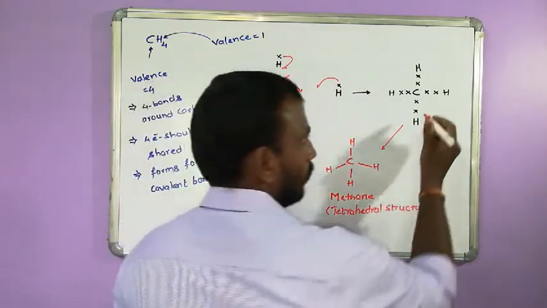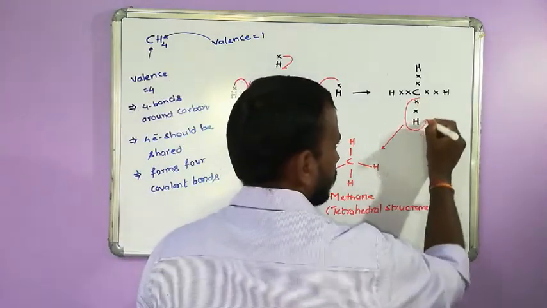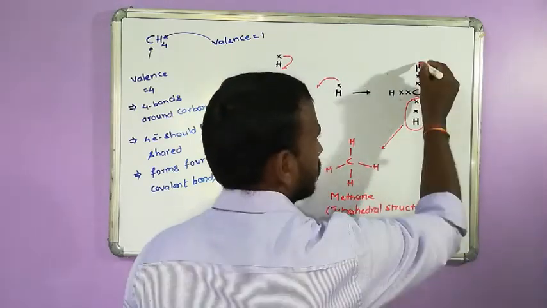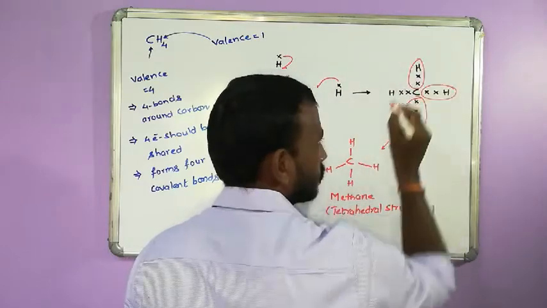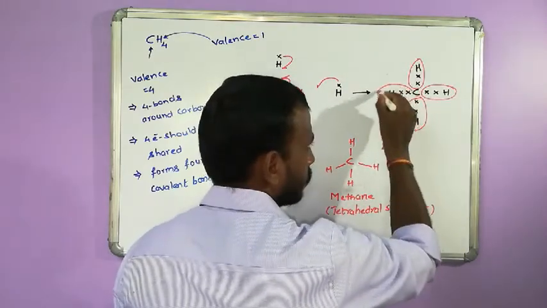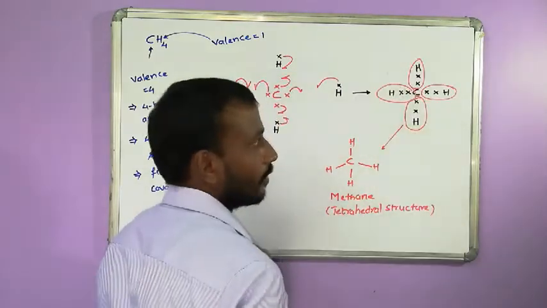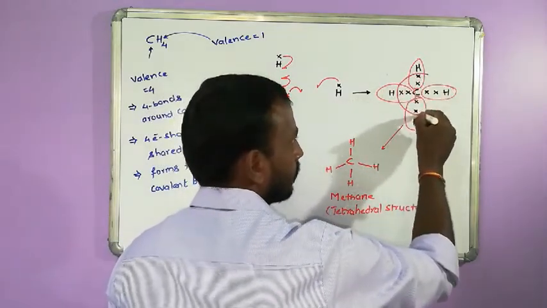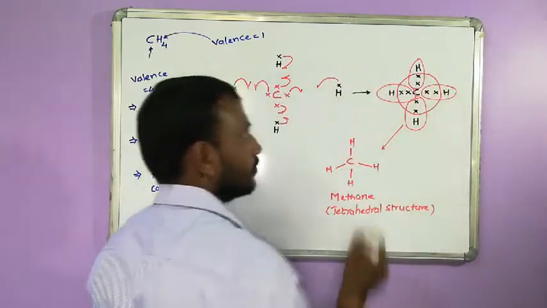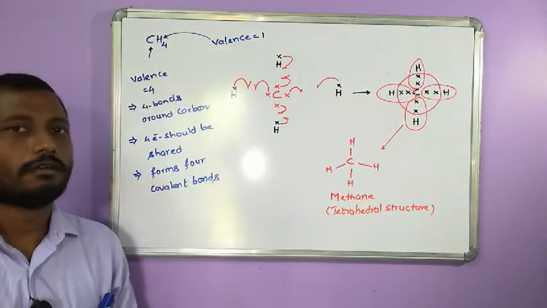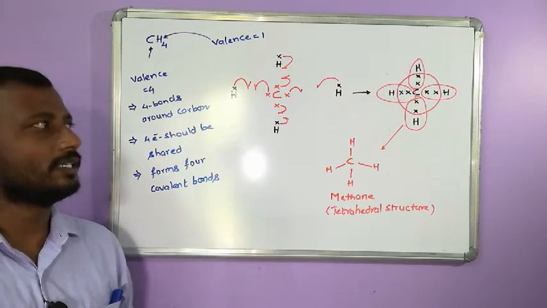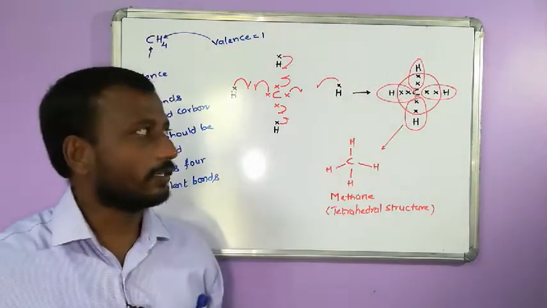Okay. So, these 2 electrons belong to this hydrogen. These 2 electrons belong to this hydrogen. These 2 electrons also belong to this hydrogen. These 2 electrons also belong to this hydrogen. But all these 8 electrons are part of carbon also. So, in that way, carbon is attaining its octet.